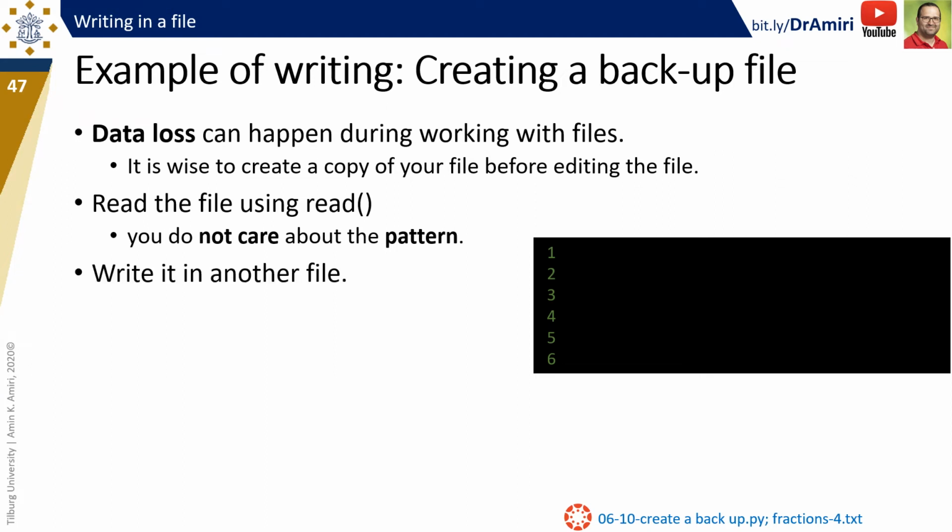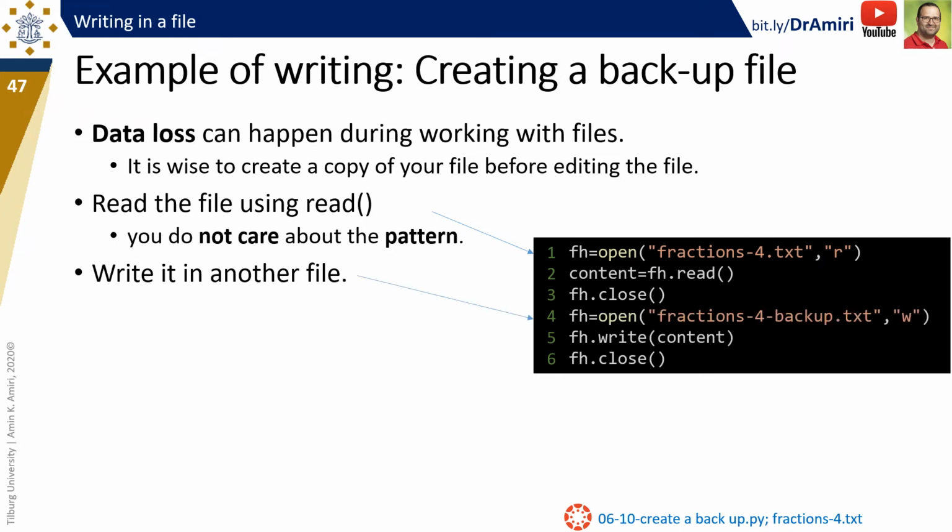And after that, you can write the content of the file in another file, which you can call a backup file. So what you need to do here is to just open the file using R as the second argument, and then you just read everything and put it in content, and then you close the file.